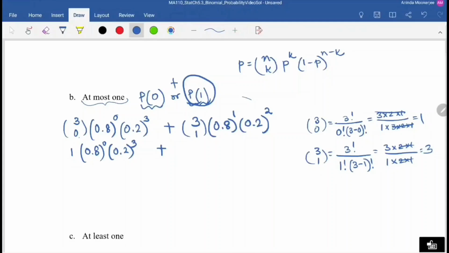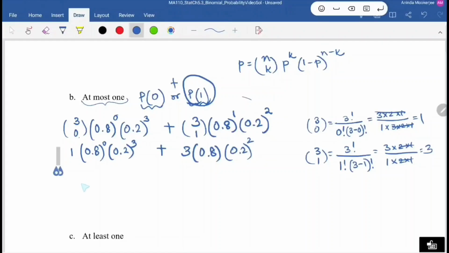So 3 combination 1 is a 3, so this evaluates to a 3, and then we have 0.8 raised to the power 1 is 0.8 and 0.2 squared.